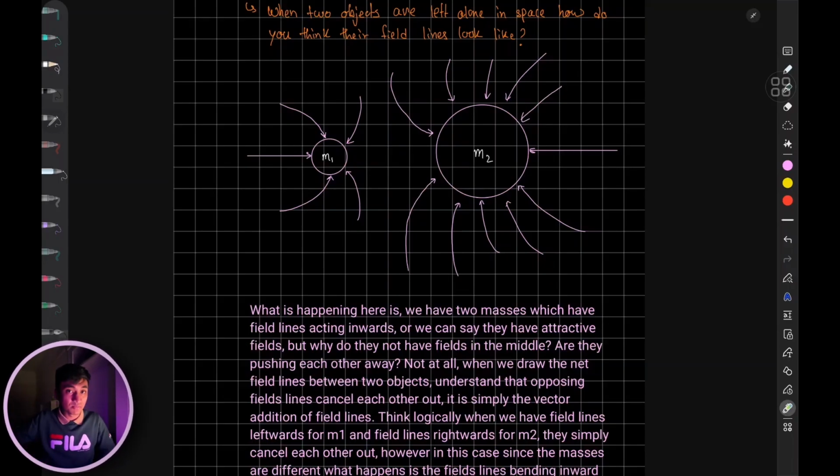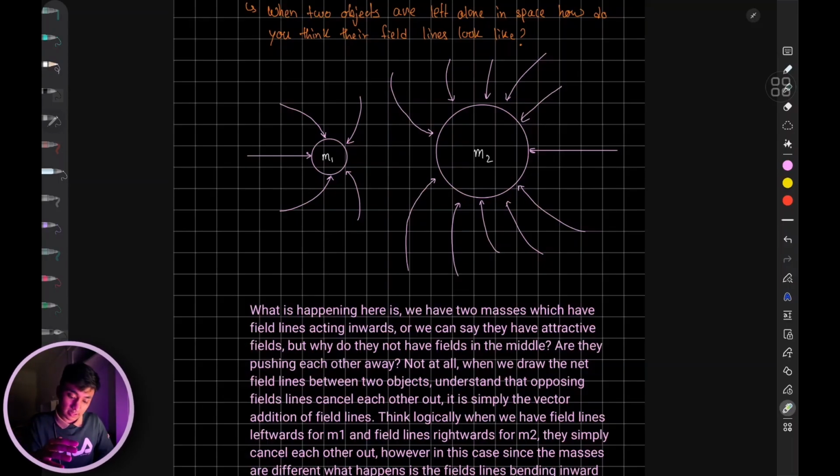And I'll get into that. I'll show you the graph, I'll show you the maths, and it's very interesting. It will give you a good picture of how to imagine the force maths behind multiple objects, multiple masses, not just two masses.